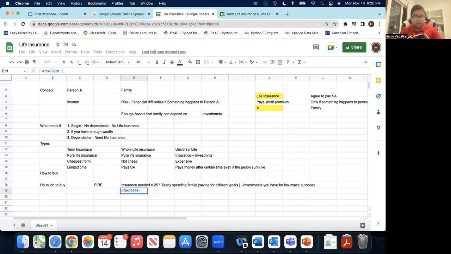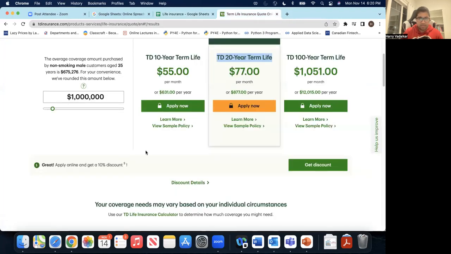Let's say you have $100,000 invested in your RRSPs and different instruments. That will give you 1.6 million. So a family who spends $70,000 as a unit will need around 1.65 million of insurance to cover themselves for the rest of their lives. If you change this to 1.6 million, your cost of insurance will be $100 as a family unit.